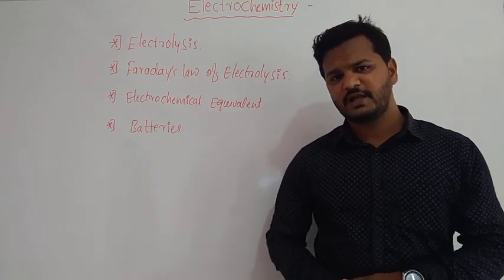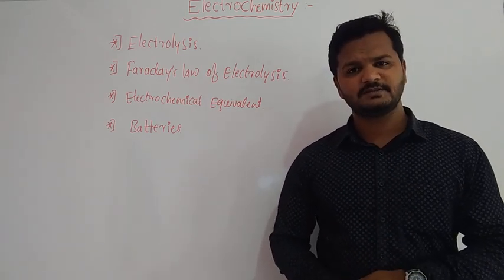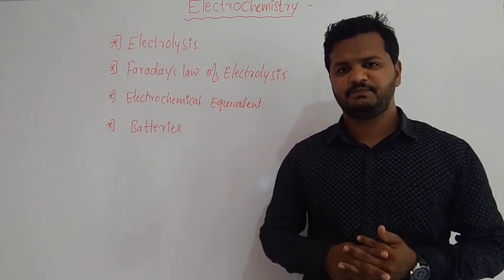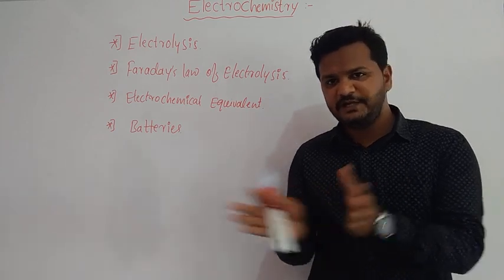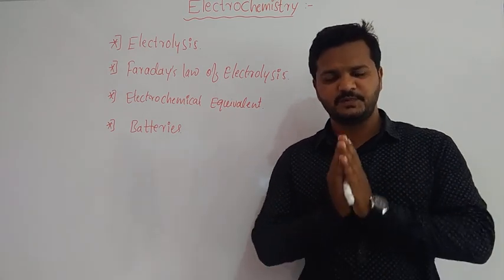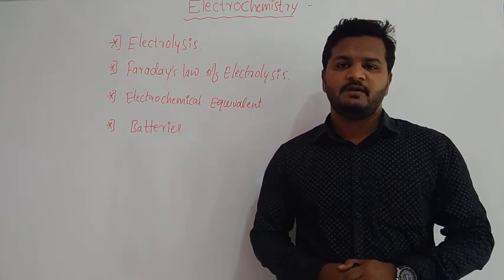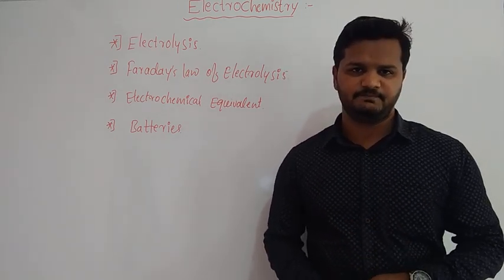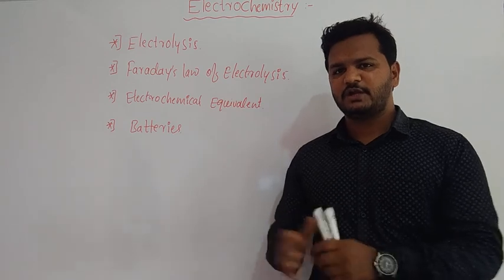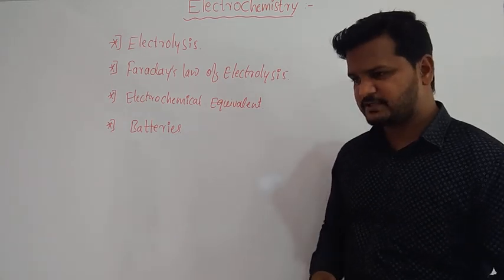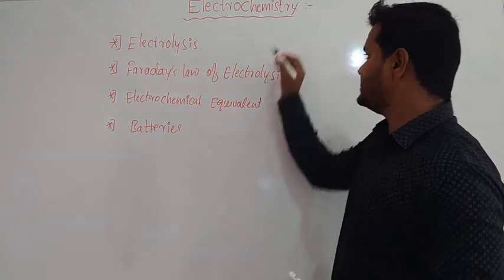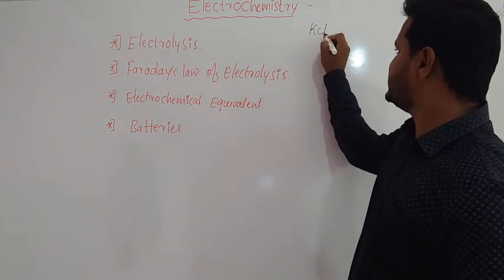And what is meant by electrolyte? An electrolyte means a substance which splits into ions in a molten state or in a dissolved state by passing electricity. For example, you can take an electrolyte such as NaOH, KCl or HCl.